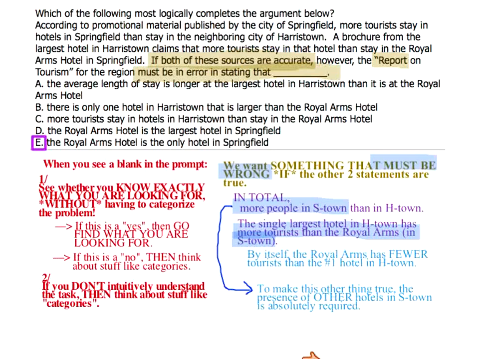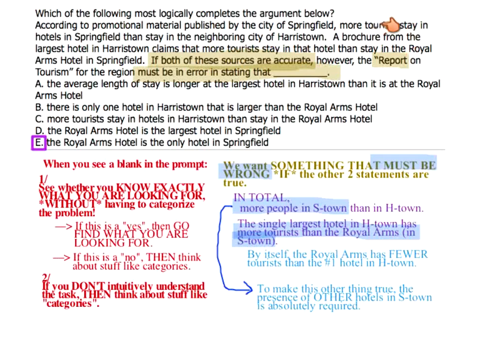I don't know what you are asking me, Kyle. Yeah, this would be the total people who stay in all of those hotels, which means that's a greater number than this one hotel.